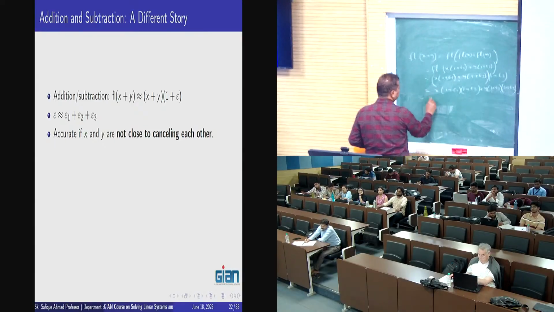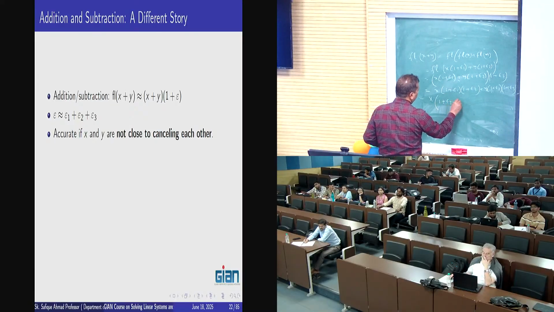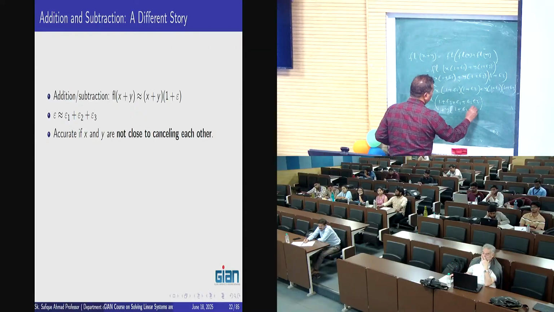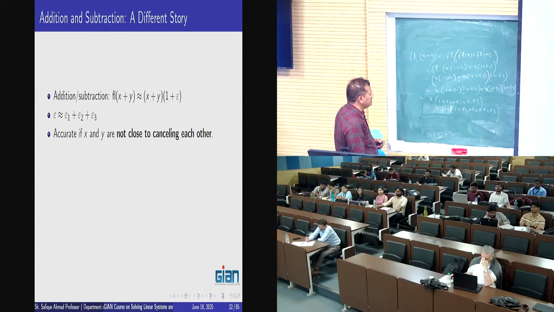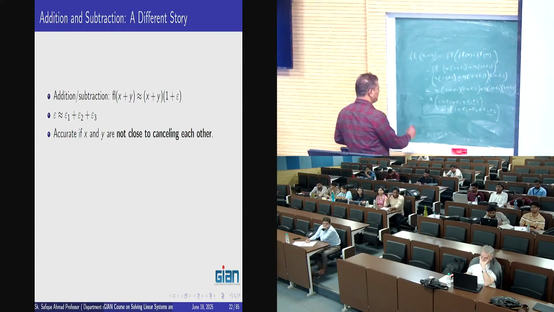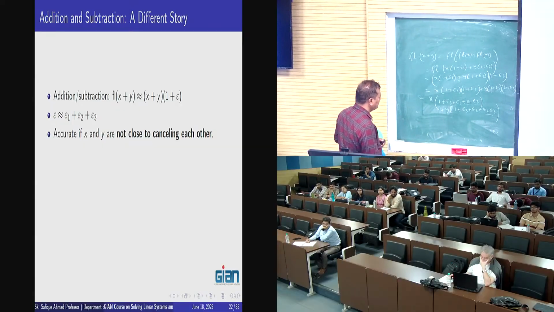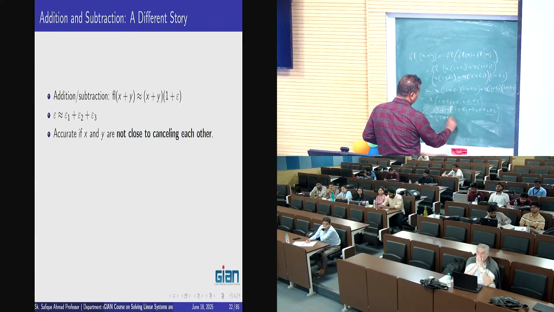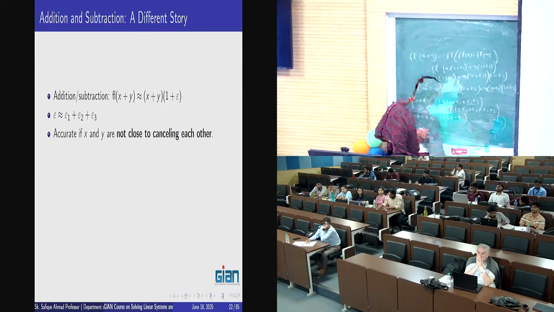Then you have 1 plus epsilon 3 plus epsilon 1 plus epsilon 1 epsilon 2 plus epsilon 2 epsilon 3, okay. Yes or no? X plus y, and you just add this number x plus y, 1 plus epsilon 3 plus epsilon 1, and you are just ignoring the higher order terms, okay.